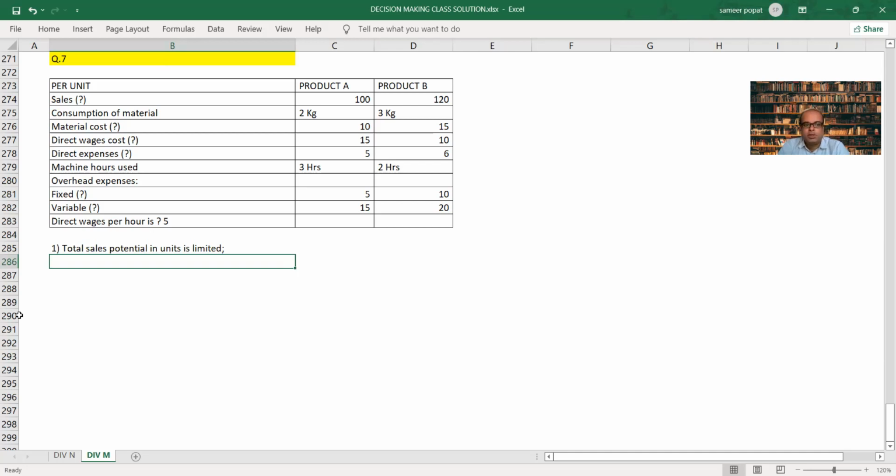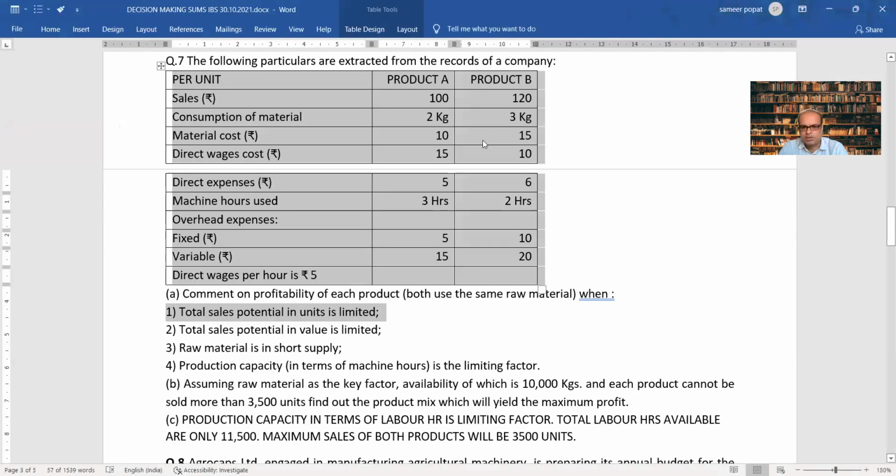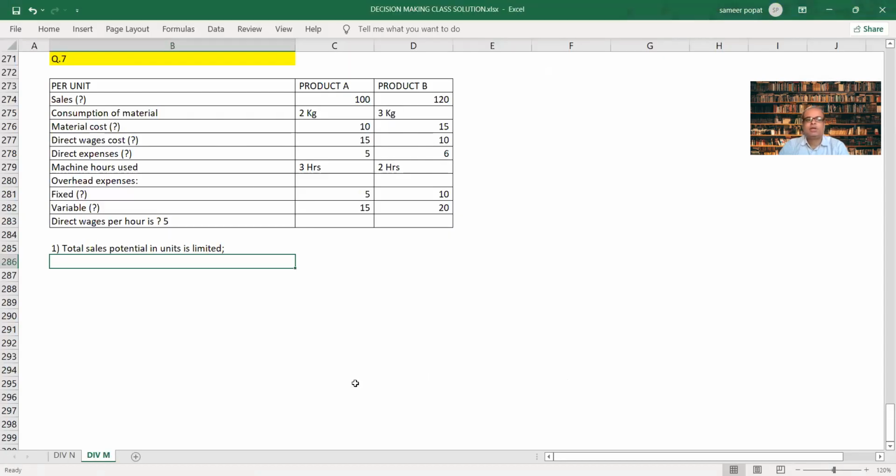So total sales potential in unit is the limiting factor, and I just copied this table here.